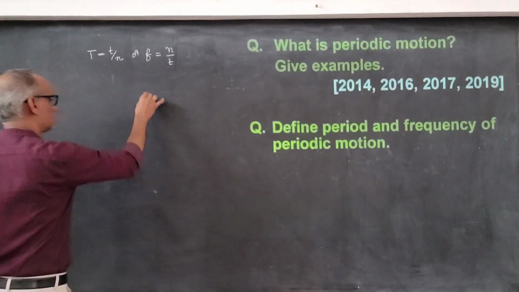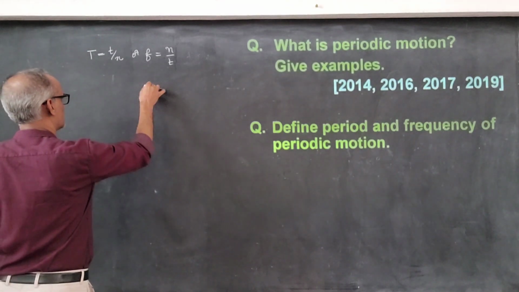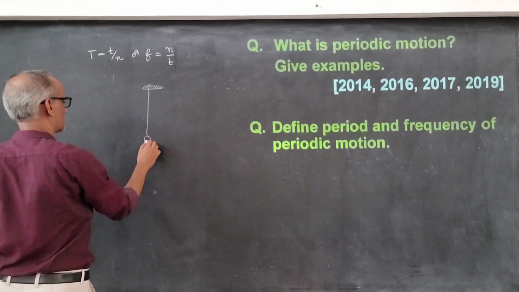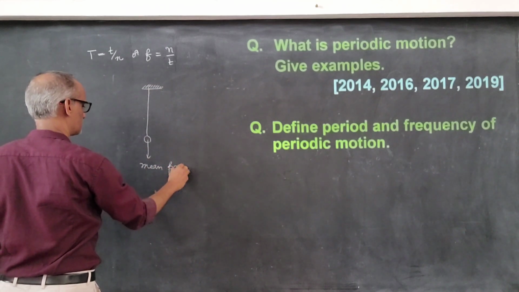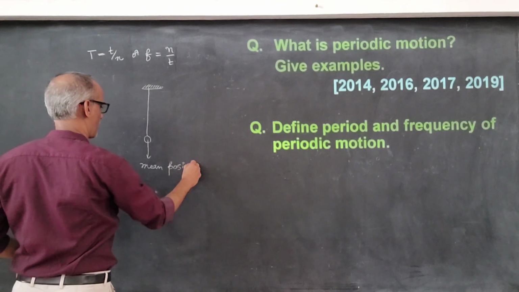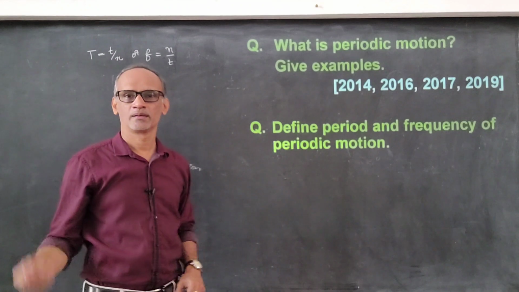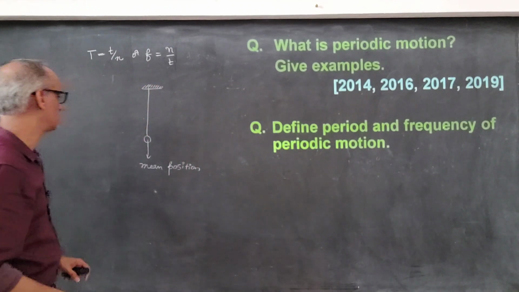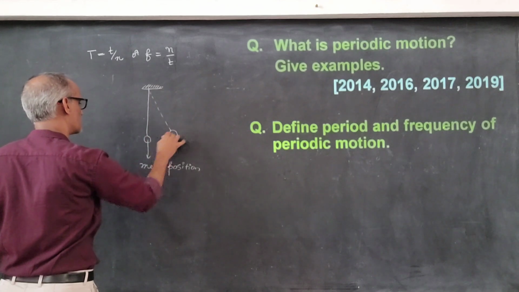Whenever vibration takes place, there is something called the initial position, and that initial position is called the mean position. The initial position from which the particle starts vibrating or oscillating is called the mean position, and when it starts oscillating, it goes to the extreme.